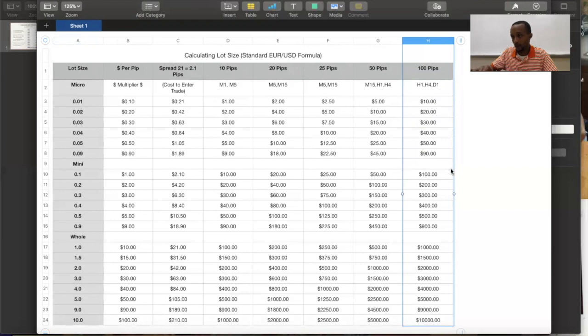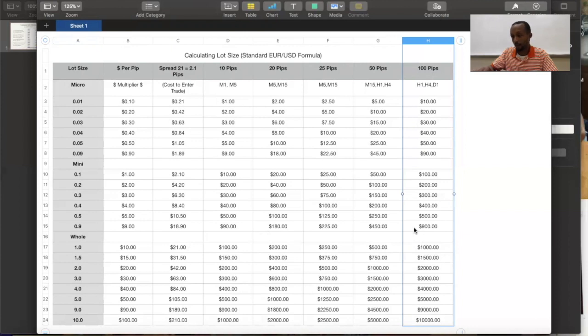With a mini lot, a 100 pip move is going to net you $100 minus your spread of $2.10, so about $97.90, not bad. And then with a whole lot, a 100 pip movement, we're talking about $1,000. And of course, the spread is going to be $21, but that's still a $980 profit on one trade.